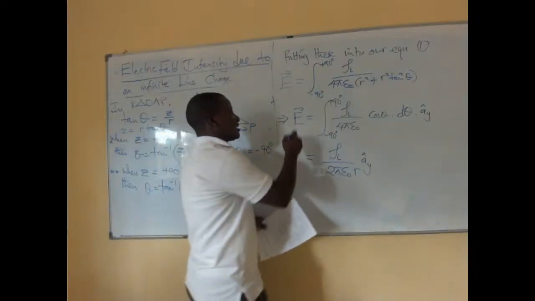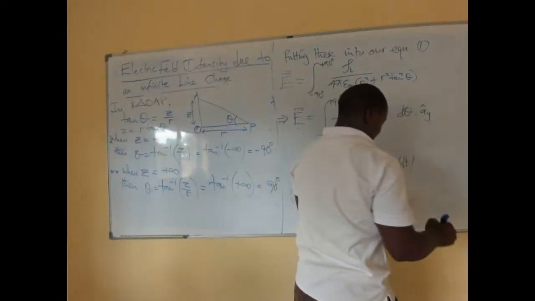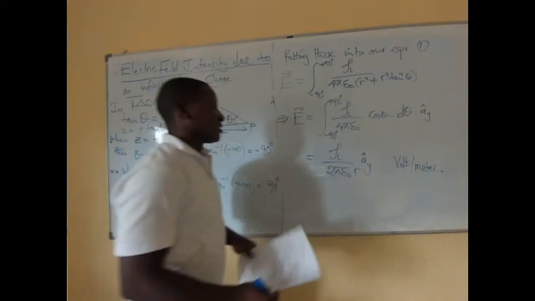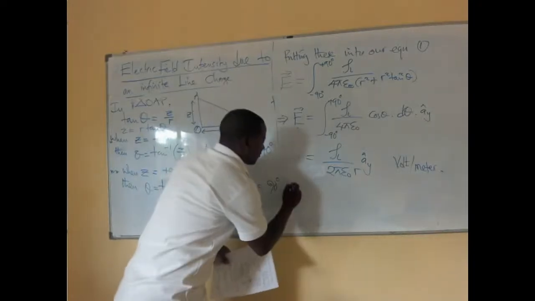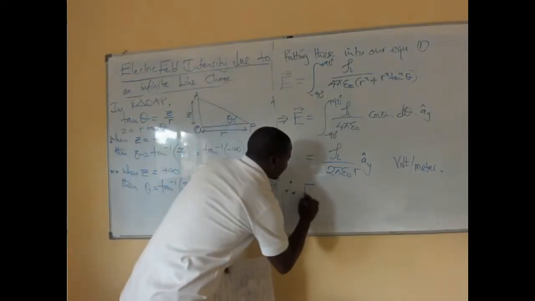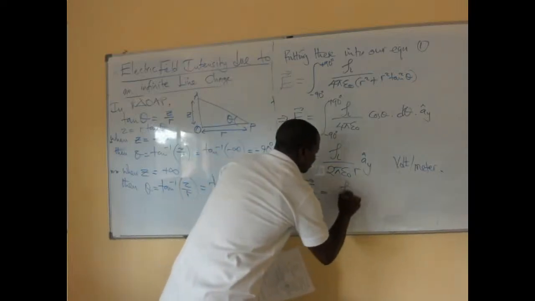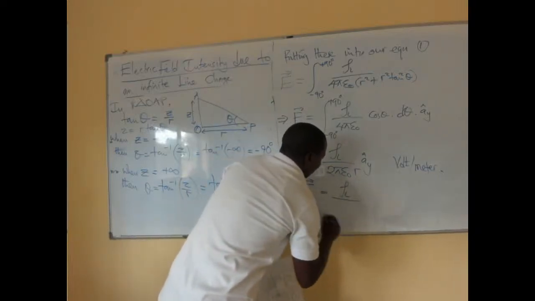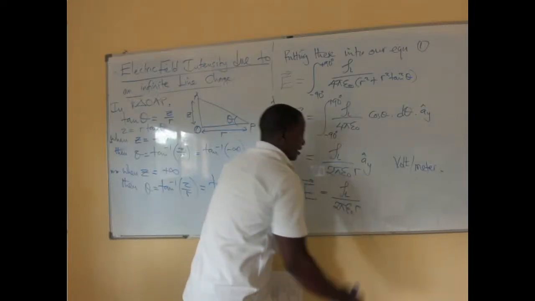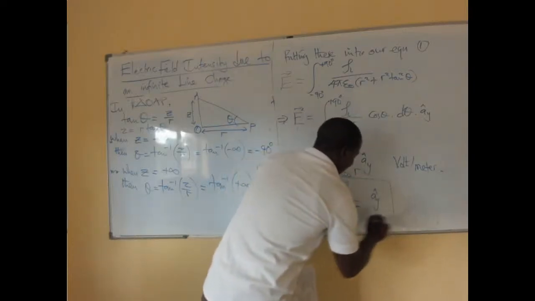So remember that electric field is given in volt per meter. That is the unit. So this is how you find the electric field intensity of an infinite charged line. Therefore E is equal to the line charge density divided by 2 pi epsilon 0 multiplied by R into A1 as a unit vector.